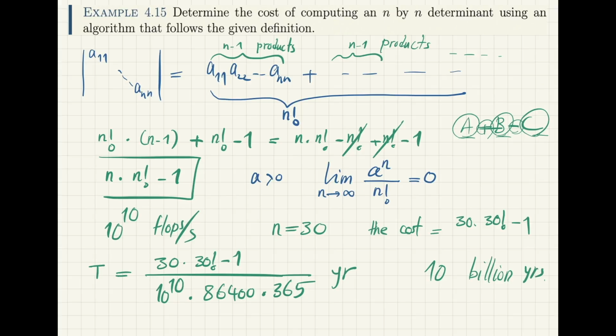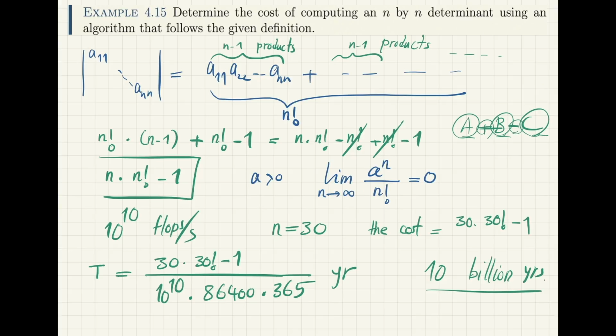So it's a very huge number. You see that this is actually very inefficient even for computers. If the computers want to follow exactly this definition to calculate a 30 by 30 determinant, it takes more than 10 billion years for them to finish the calculation.